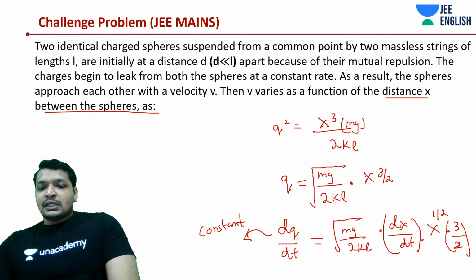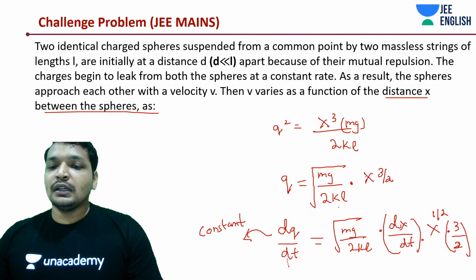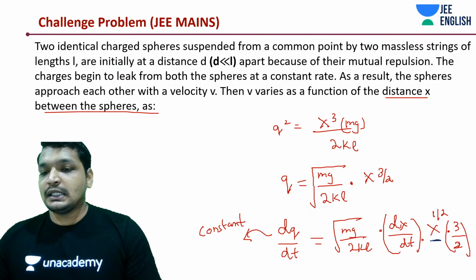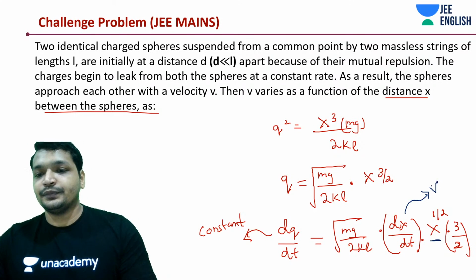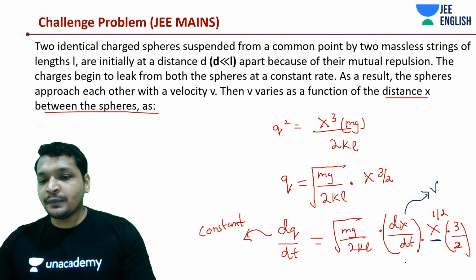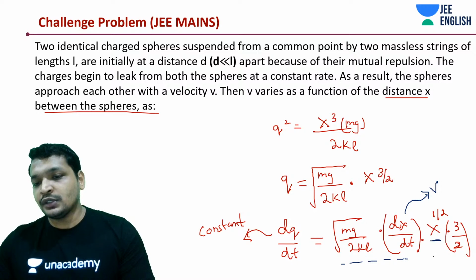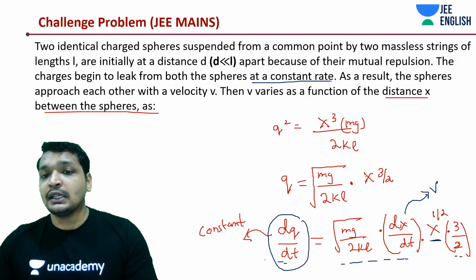So these are all constant terms. What we are worried about is only how it relates to x. And what is this dx by dt? Velocity v. Okay, velocity v. Observe from this term, these are all constants, so just ignore all of them. This is also constant. Charges leaking at a constant rate.